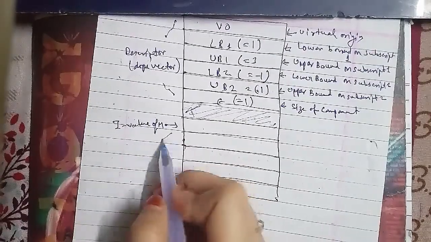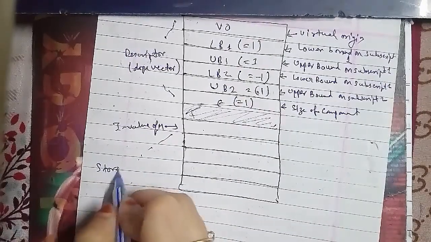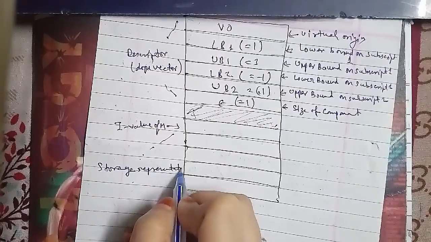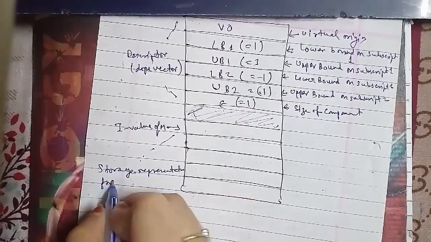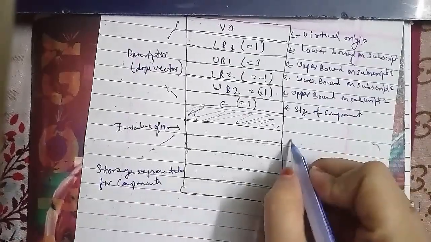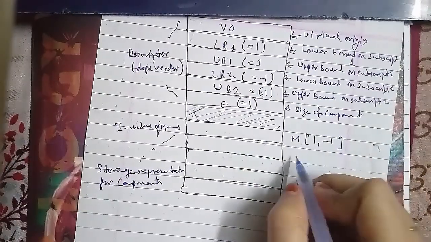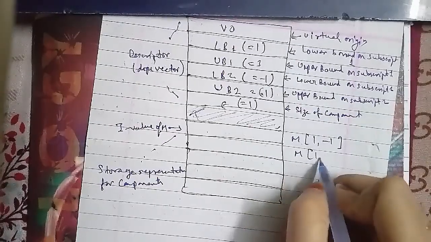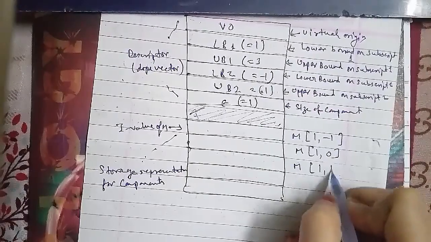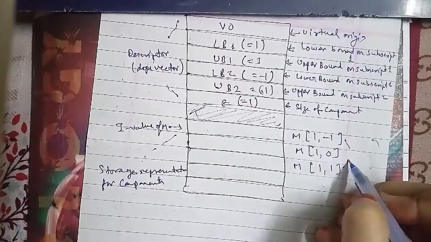and this is your m 1 comma -1, this is m 1 comma 0, this is m 1 comma 1, and this is your first row. Then we have m 2 comma -1, m 2 comma 0, m 2 comma 1. This is your second row.